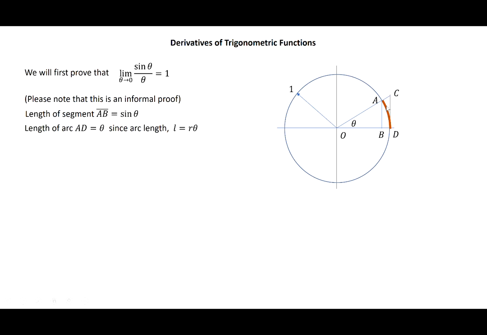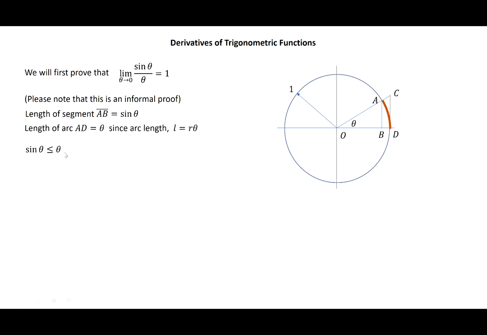In fact, this arc length would be even bigger than the straight line distance from A to D. So AD clearly is bigger than AB. That means theta is clearly bigger than sine theta, or if theta happens to be 0, they are both equal. So sine theta is less than or equal to theta.